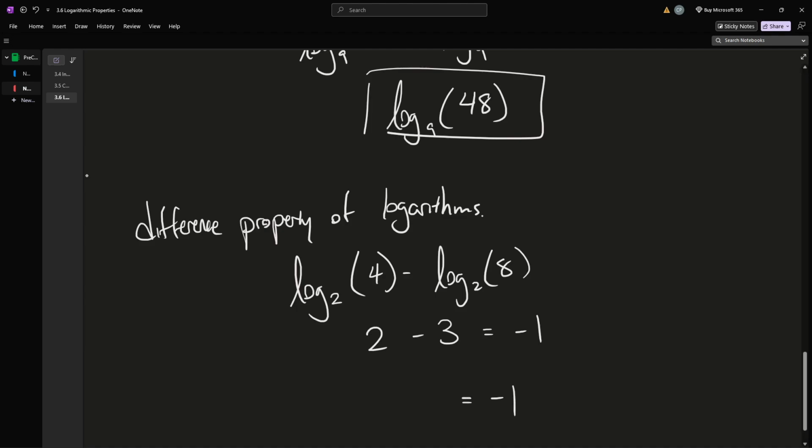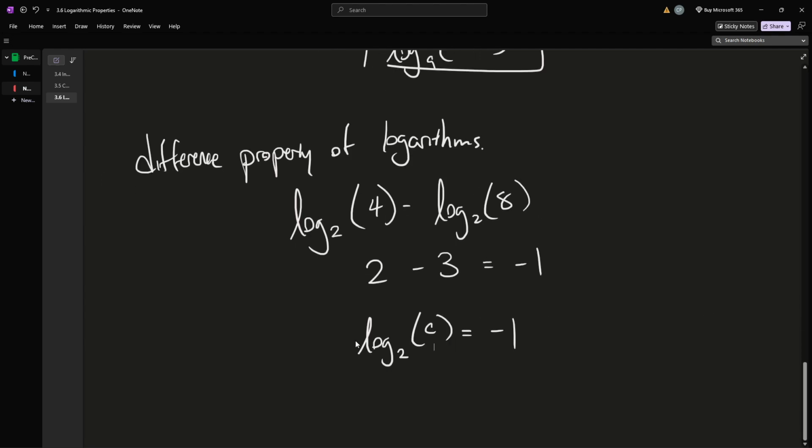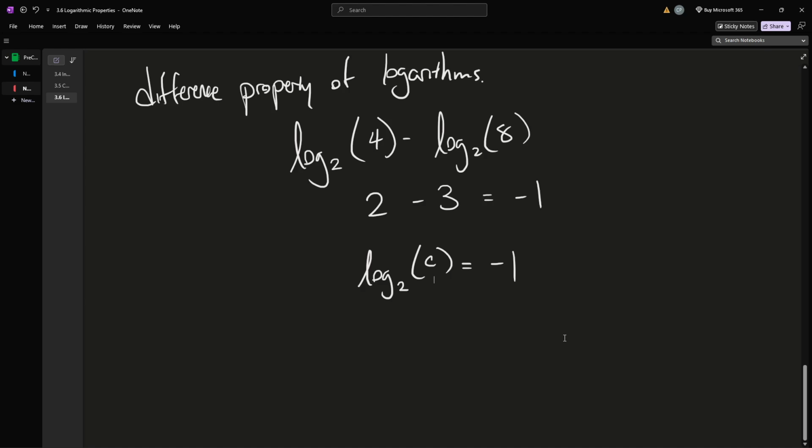So log base 2 of what equals negative 1? What is this c? We once again apply our exponents. 2 to the negative 1 equals c. So 1/2 equals c. And how do I get this 1/2 from 4 and 8?